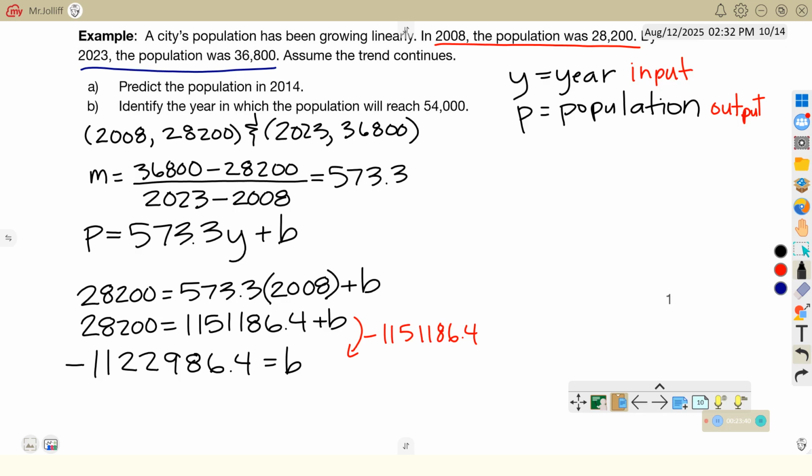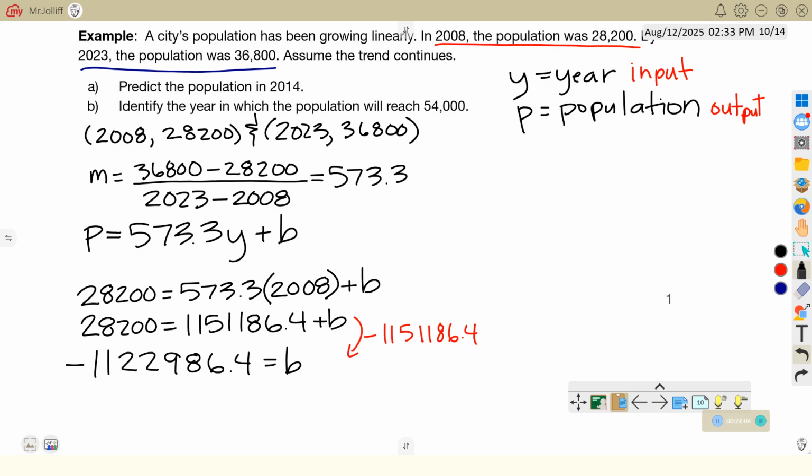Ooh, our population in 2008 is about 28,000. And we're changing by a little bit under 600 a year. So if I start in 2008 and start counting back towards year 0, subtracting 600 every year, does it make sense that after 2008 years I end up here?